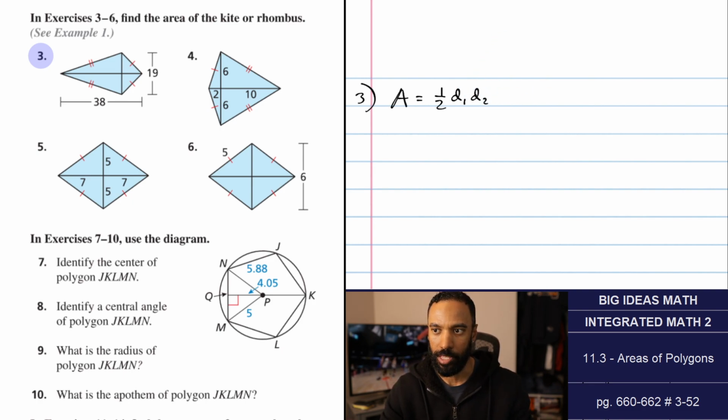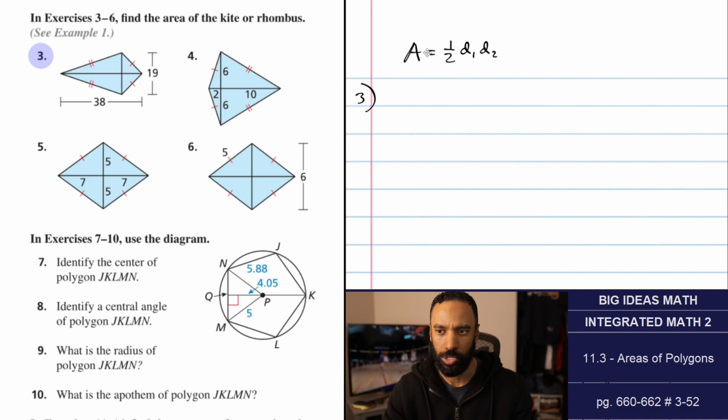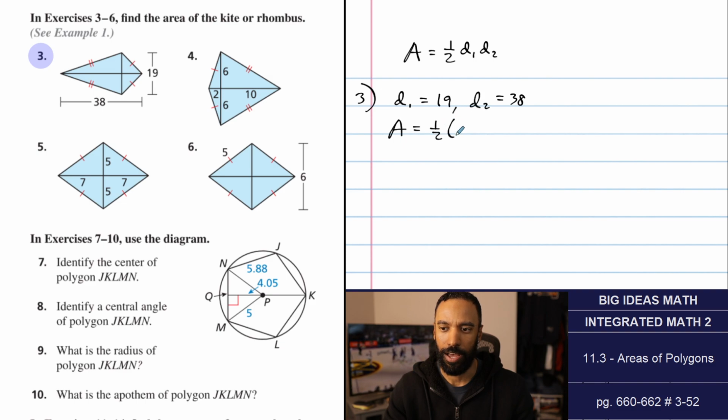This is going to be true for all kites and all rhombuses. So the D sub 1 here can be 19, and D sub 2 can be 38, for example. So the area will be half of 19 times 38. This is where you could possibly whip out the calculator, but this should also be 361 square units.